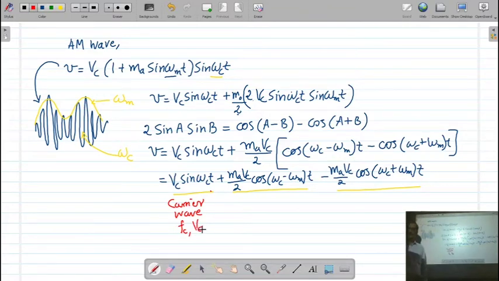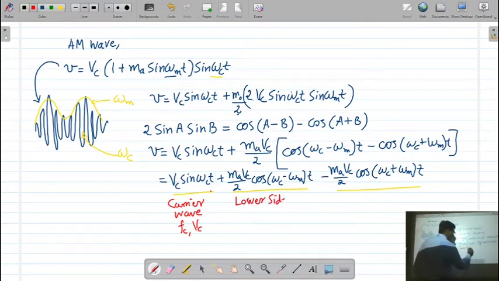Then if you look at the second term, the frequency is omega c minus omega m, and this frequency is lower than the carrier frequency, and therefore it is known as the lower sideband frequency of the modulated wave.